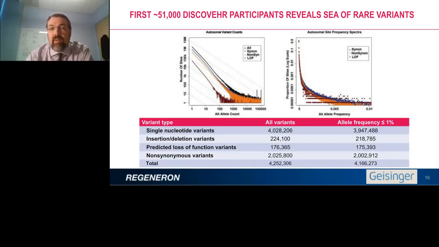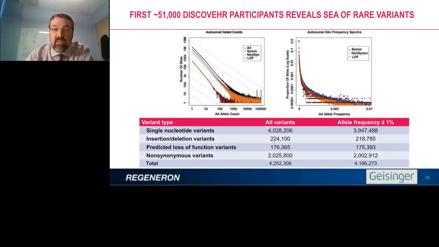But this is fundamentally important to the strategy that we have, that as we're sequencing more and more into the larger population, we're actually accruing larger and larger sets of variation sites. And so I think this slide is a little bit interesting because what you see is at 50,000, actually a very small number of sites, about 100,000 out of 4 million, have an allele frequency above 1%.